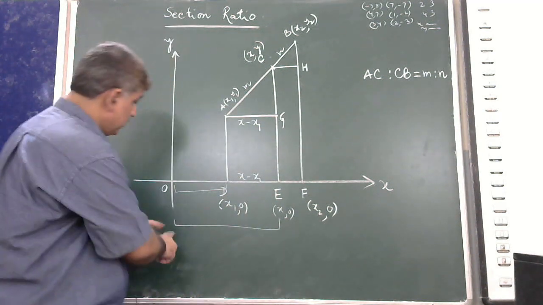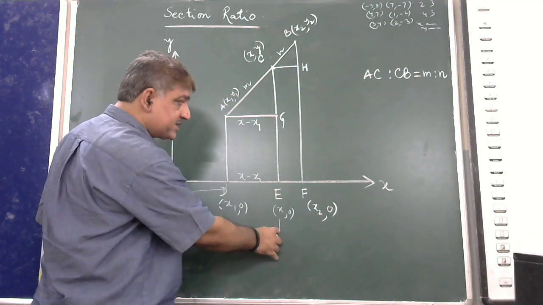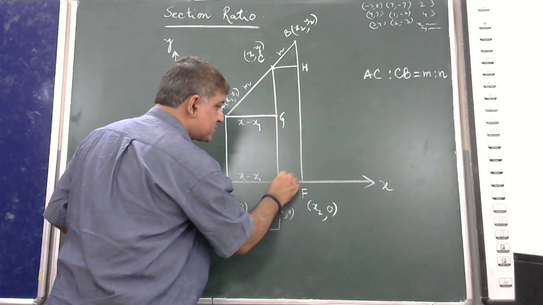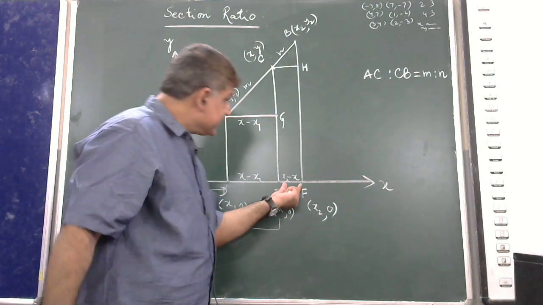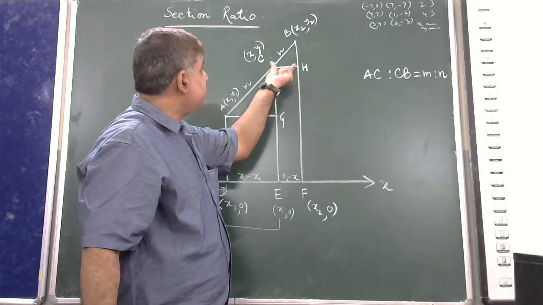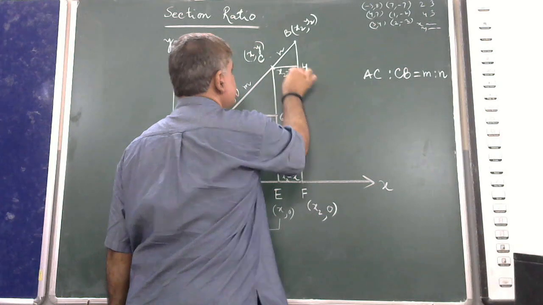This whole length from here to here is x2, and this length is x, so this length will be x2 minus x. Since this is a rectangle, the opposite length will also be x2 minus x.